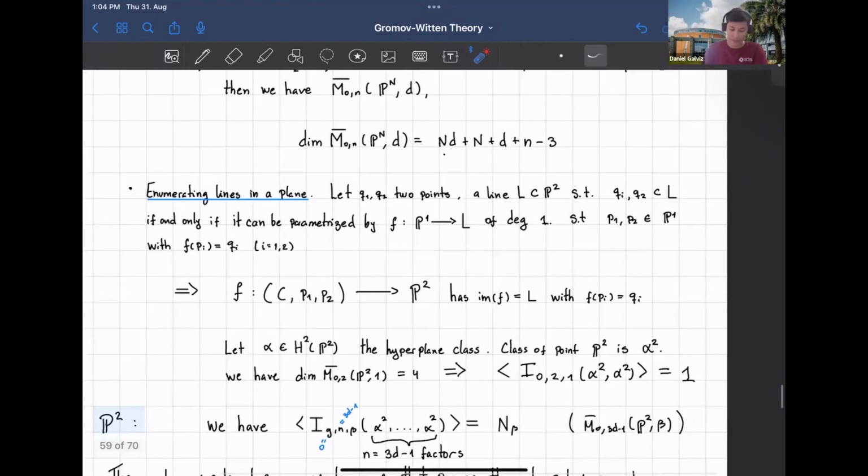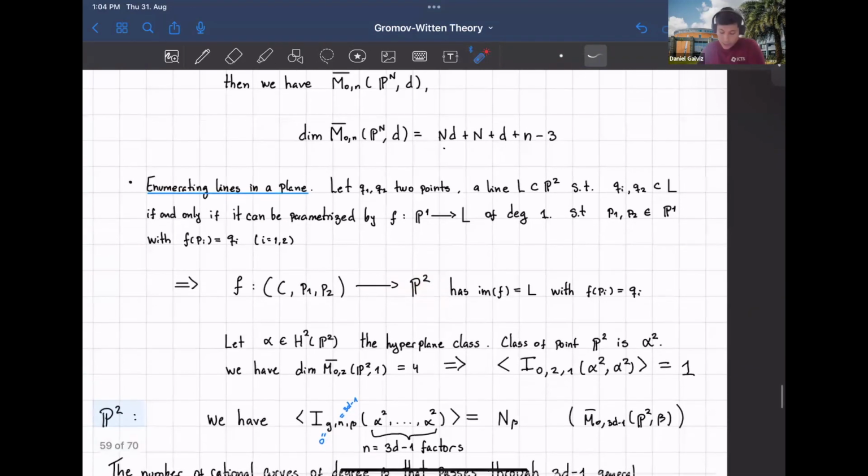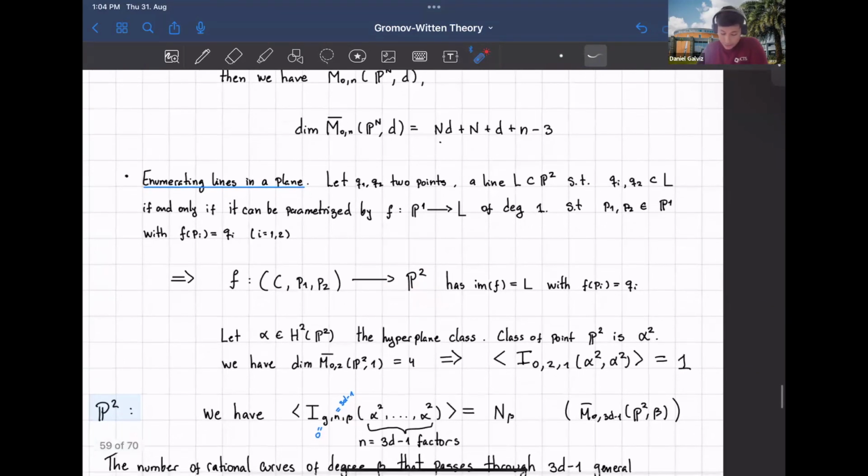Then we will have the map of the curve with these two marking points, and then we go to P2. The image of this will give us the line, as remember when I drew this X, the image is the line that passes through all the cycles.